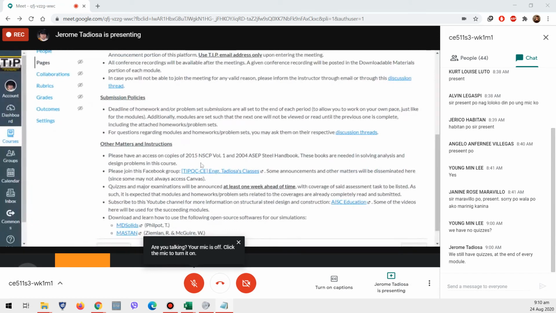Then for other matters, so I mentioned earlier that we need to have an access to a copy of NSCP and the ASEP Steel Handbook. So if you do not have an access, I will give you a copy. So usually in face-to-face classes, this should be hard copies. However, since we are already online, you may use soft copies. Okay.